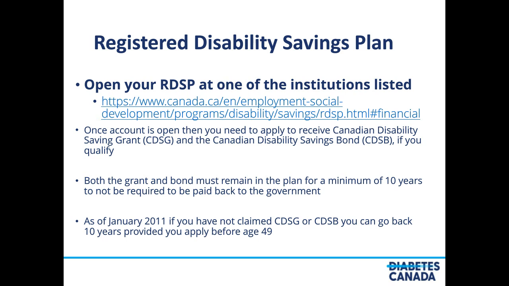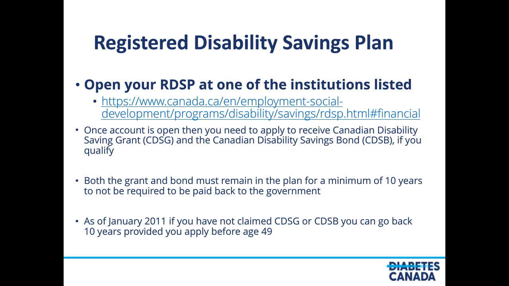The next thing is that once you set it up, you are responsible for claiming and receiving, if you so qualify, Canada Disability Savings Grants and Canada Disability Savings Bonds, which I'll speak to briefly in a moment. Both the grant and the bond, for you not to pay it back to the government, must remain in the plan for a minimum of 10 years.